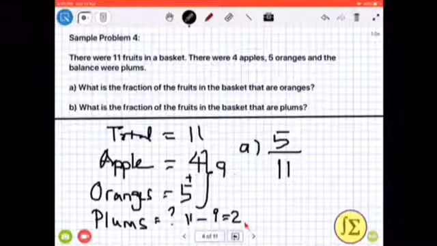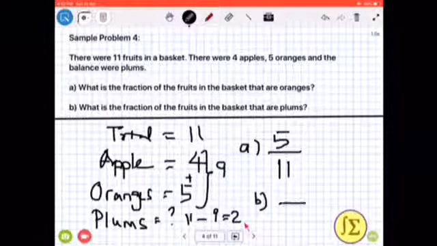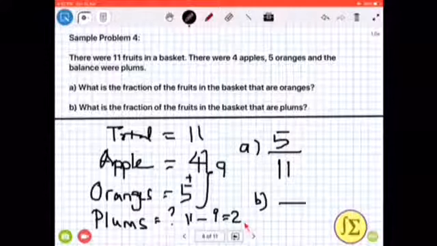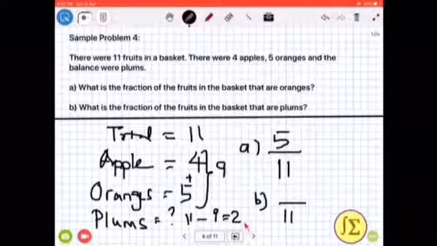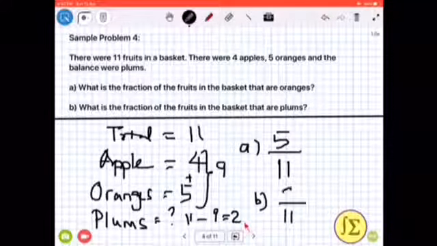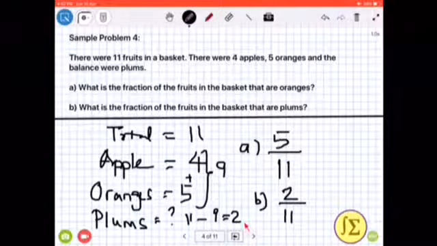This will be the number of plums in the basket. So for question B, again, the denominator will be the total, which is 11. The focus here will be on the numerator, which is 2. So we put that as the numerator for the plums: 2 plums over a total of 11 fruits in the basket.